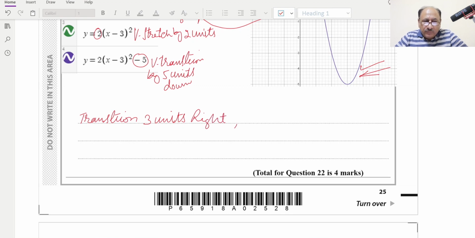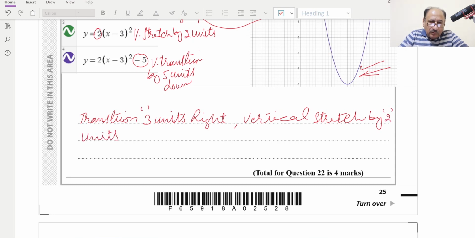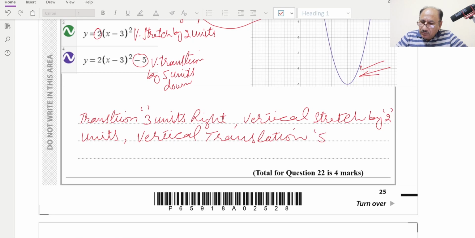Then vertical stretch by 2 units. And the next one is vertical translation, 5 units down.